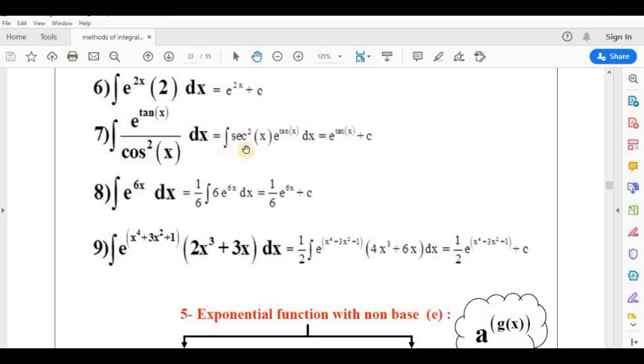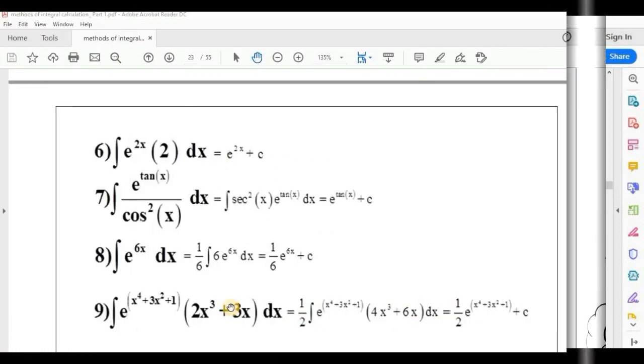This is a sort of simplification. And then e to the power tan x, we keep it as it is. It is already in the special form of the integral for the exponential function. So the integral result will be e to the power tan x.